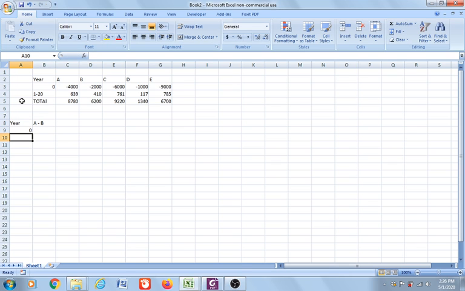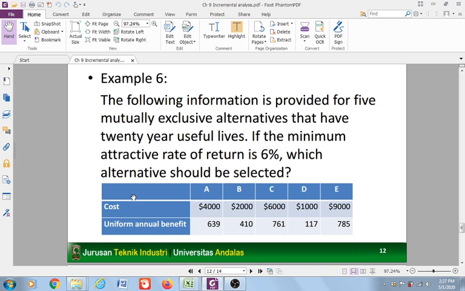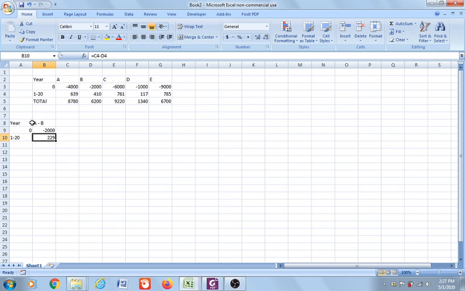So it is year 0, and this is year 1 until 20. So what is A minus B? And that will be this one. 229.